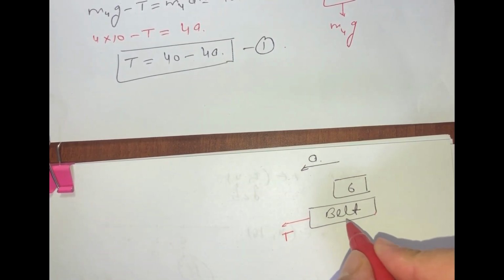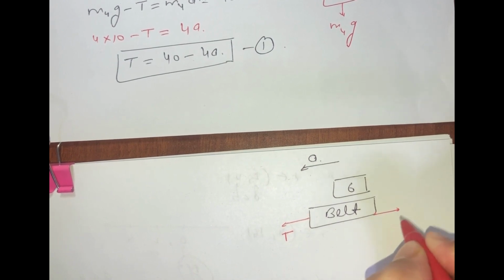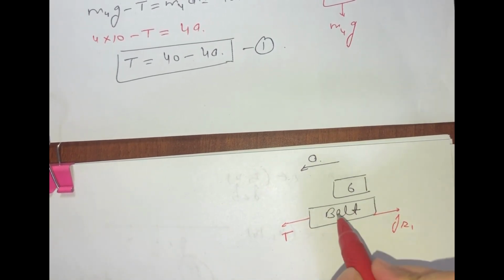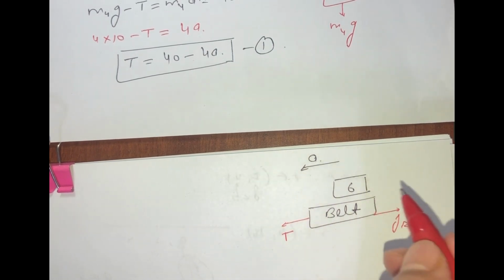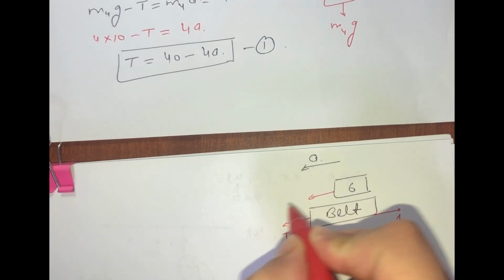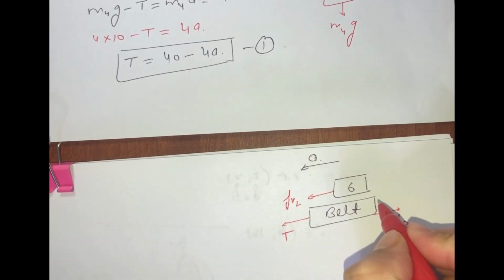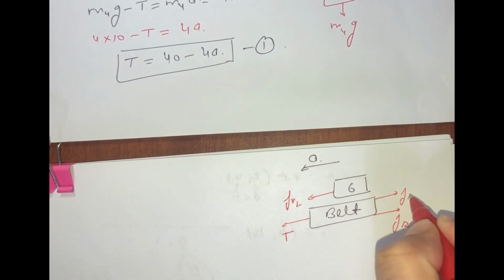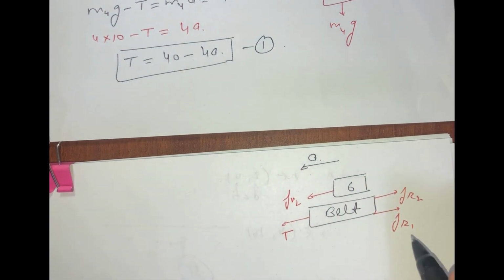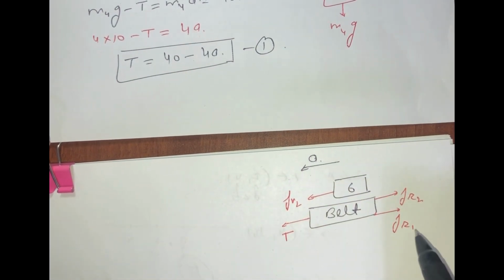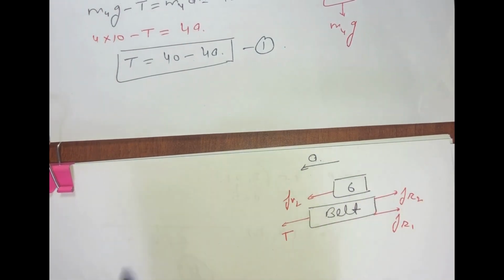Because of the friction between belt and the table, let us suppose that is Fr1, and this belt will try to move the 6 kg block towards left with a frictional force, let us call that Fr2. So there will be an equal and opposite Fr2 also on the belt. So these are the frictional forces acting on the 6 kg block as well as the belt.